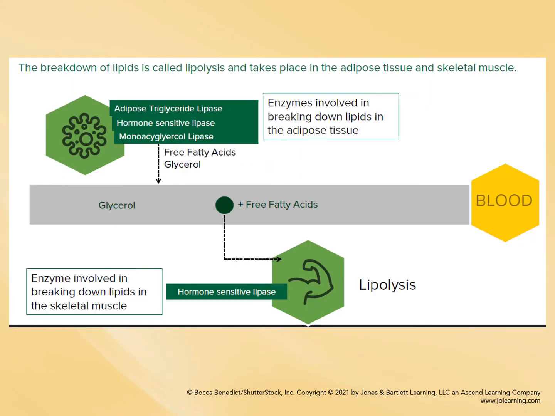This slide shows the breakdown of fat from adipose tissue, which is the top left, and skeletal muscle, which is in the bottom center. So lipolysis, or the breakdown of fat within the cell, involves some enzymes which are involved in speeding up that reaction.